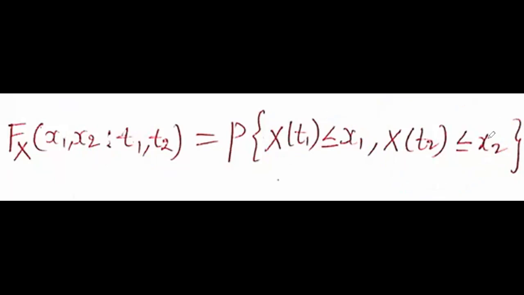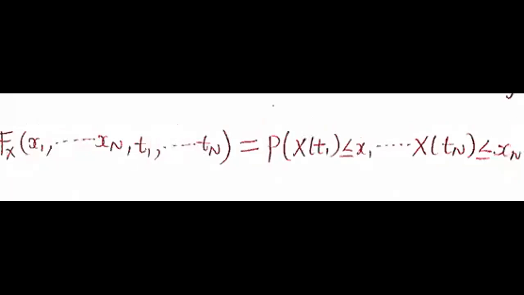So this is the case for two random variables, and if you extend the discussion to n random variables, how is the equation going to look? This is the equation for a distribution function of n random processes.